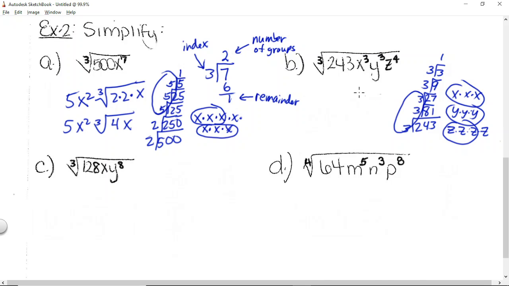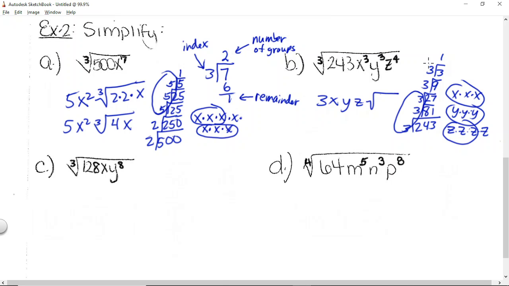So what do we pull out of the radical? Well, we pull out a 3 because we have one group of 3's. We pull out an x because we have one group of x's. We pull out a y because we have one group of y's. And we pull out a z because we have one group of z's. And then what's inside?